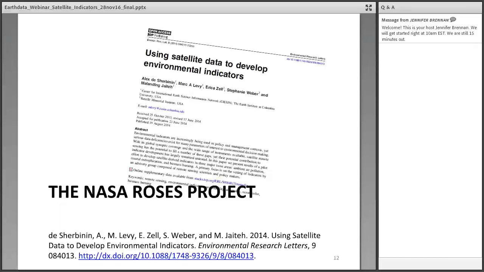So for the next section, I'm going to talk about the NASA ROSES project. And for those of you who want to delve into this topic in more detail, I suggest downloading and reading this free online journal article that covers the highlights and the results of this NASA ROSES project in more detail than I'm able to do today.